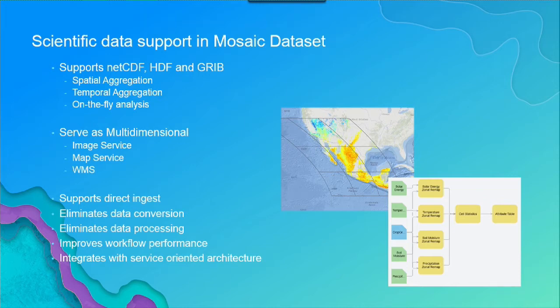What are those things, right? After we did it, you can do spatial aggregation, temporal aggregation. Most importantly, you can do on-the-fly analysis. Some people were talking about raster functions, and we'll talk about that a little bit more later on. We can also serve this data as an image service, map service, or WMS.